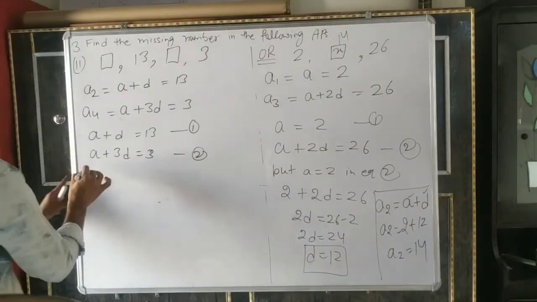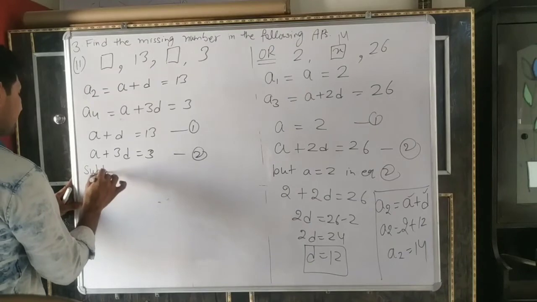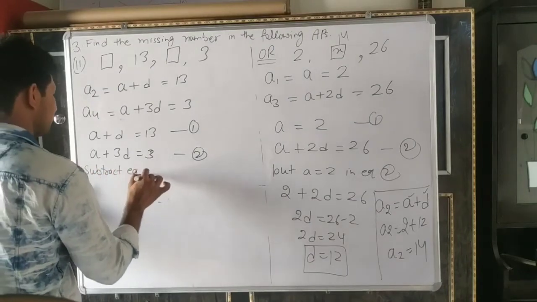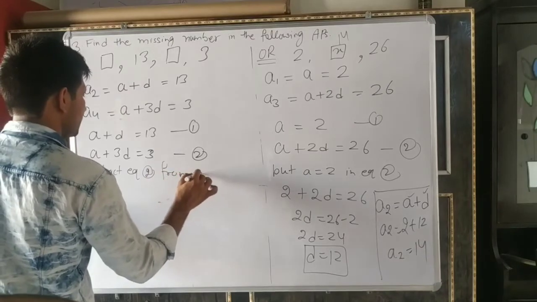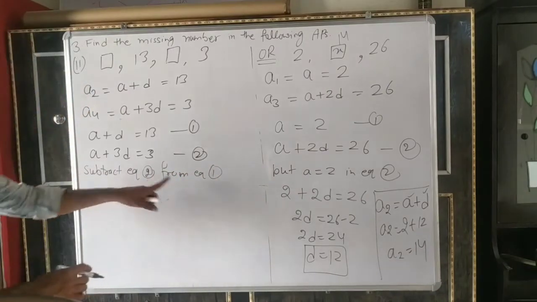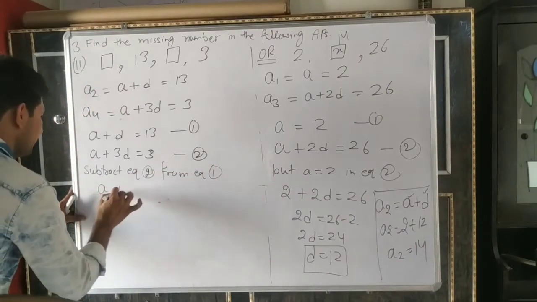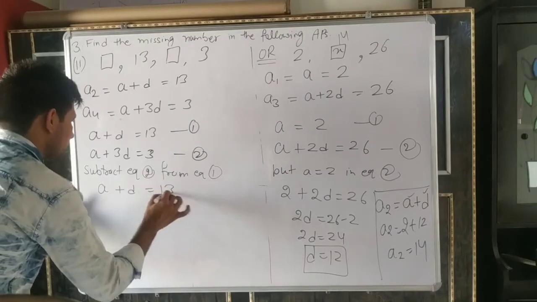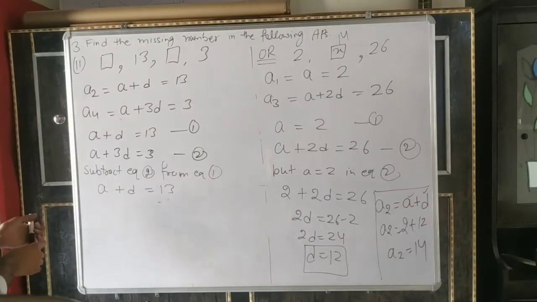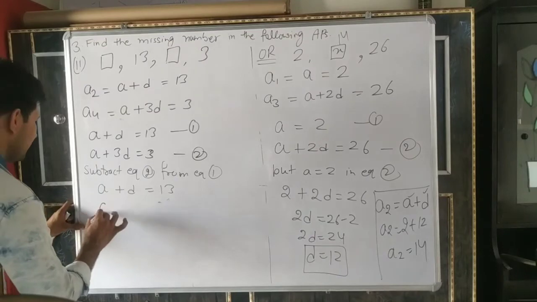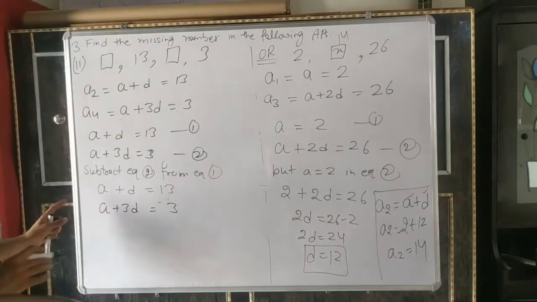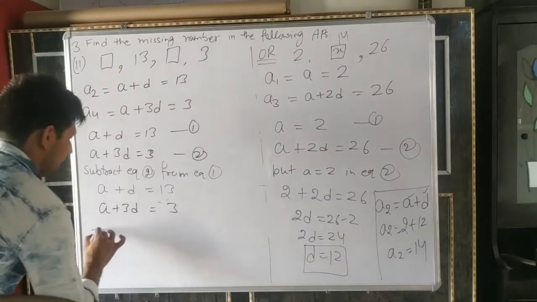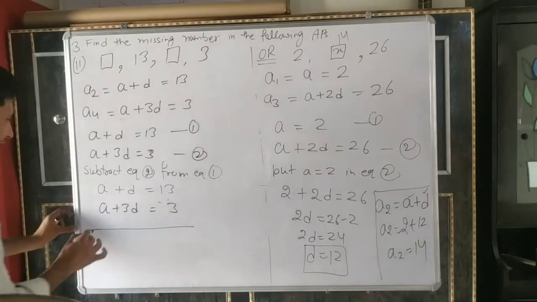So we will write: subtract equation 2 from equation 1. From 1, A plus D equal to 13, dear. Now we will write here A plus 3D equal to 3. And whenever we want to subtract, we always leave some space and change the signs.